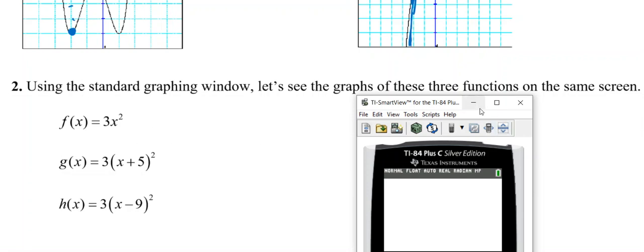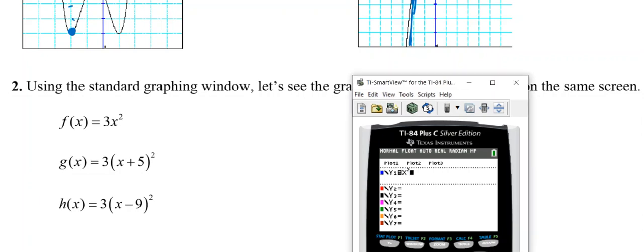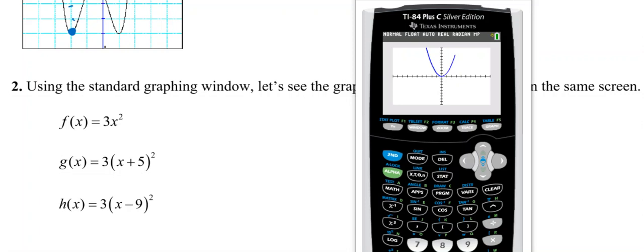If I just graph y equals x squared, in the standard window, that's the graph of y equals x squared. It's one of the functions you have to remember the graph for in this section. It's a basic parabola.